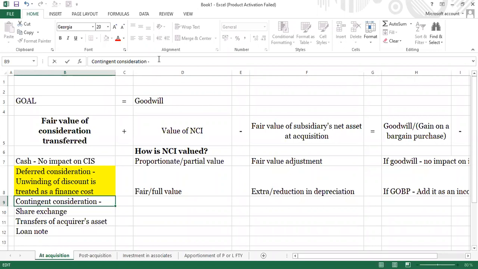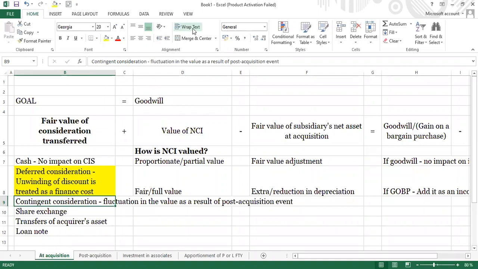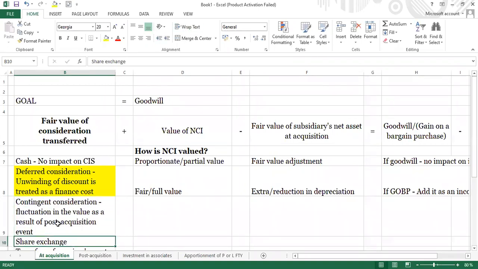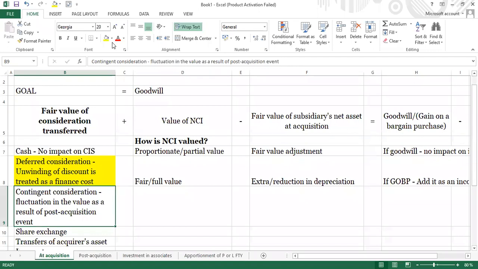So the impact of contingent consideration will come in as a result of fluctuation in the value as a result of post-acquisition event. So that is how contingent consideration can affect your income statement. I'll paint it yellow too, because it has effect.